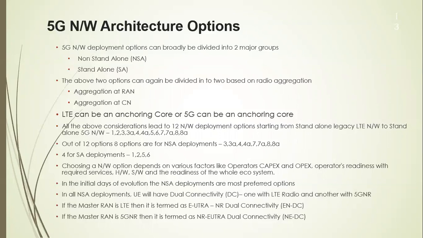Then he will go for NSA-based options. Also, within NSA-based options we have multiple variations, so he will decide based on whether his 4G core is upgraded, whether his G node B is ready or not, and various other factors. As I said earlier, the SA options are mainly for operators which are deploying their 5G network directly. They don't rely on the 4G legacy networks.